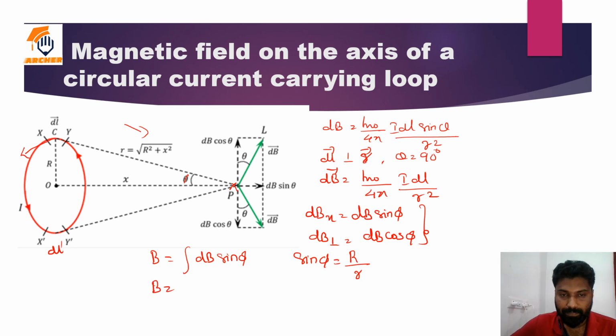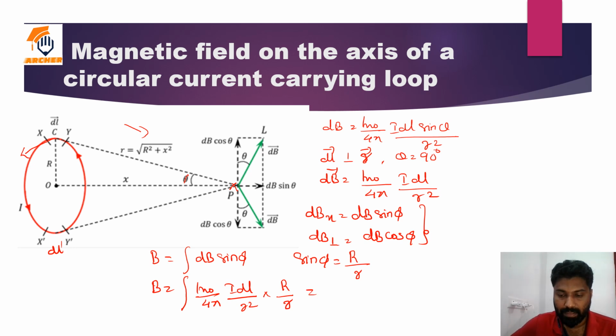So we can write B is equal to the integral of mu 0 by 4 pi, I dl by r square, into capital R by r.